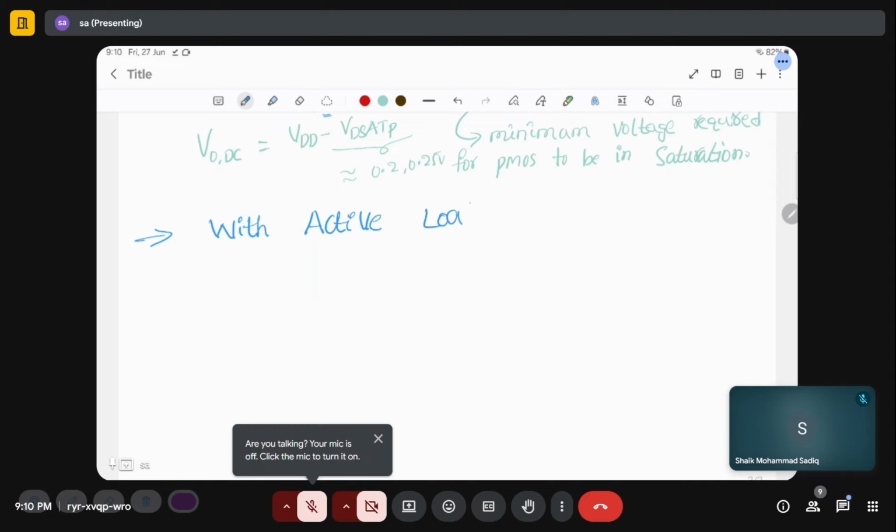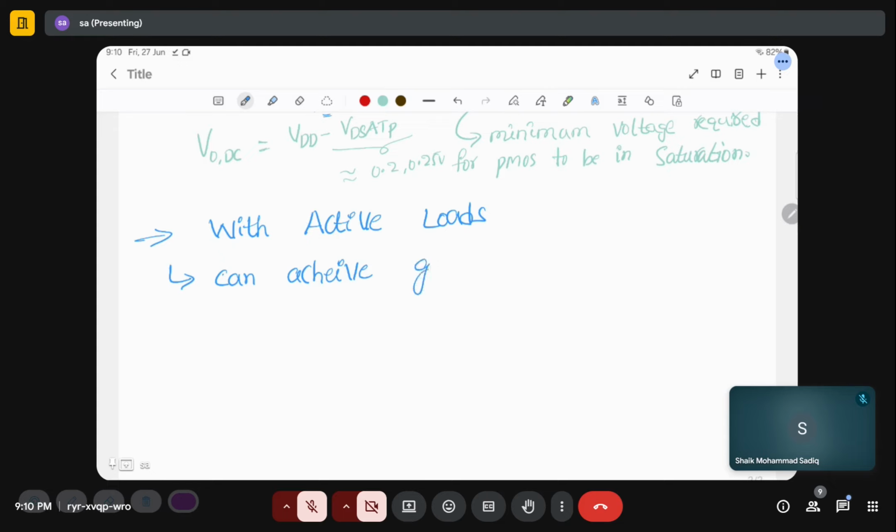Active load, current source. High, because of high output resistance.